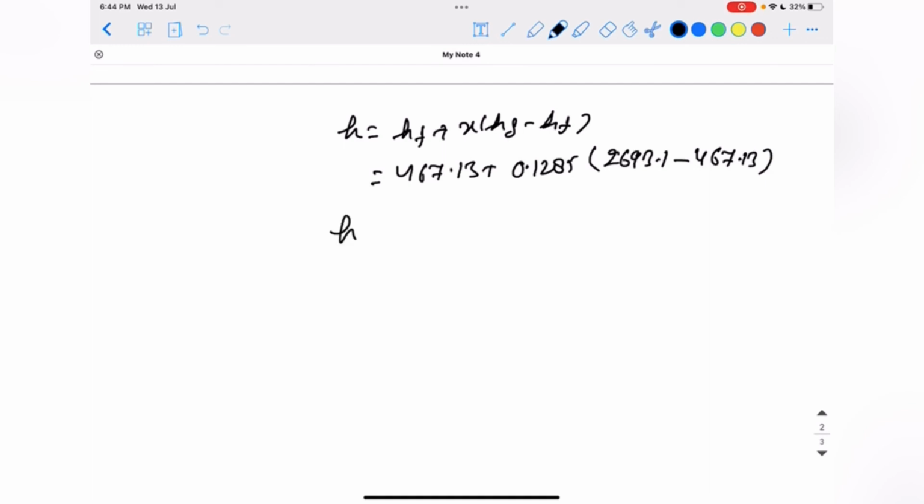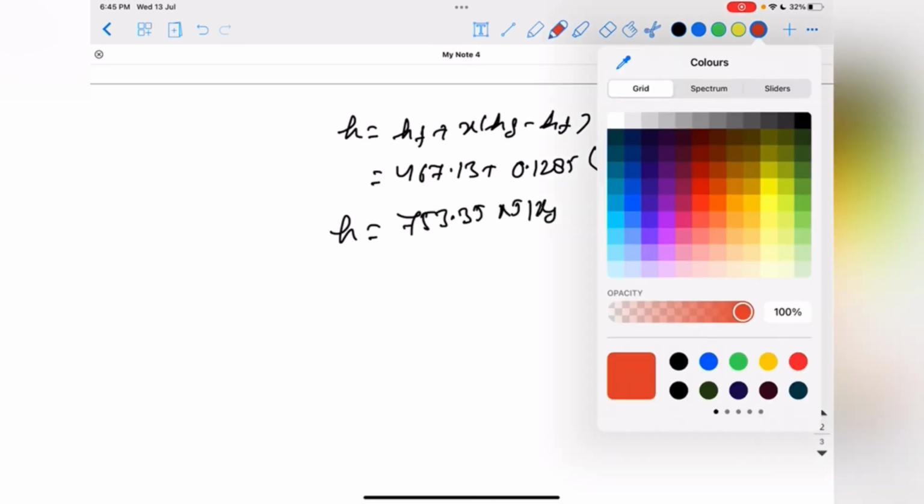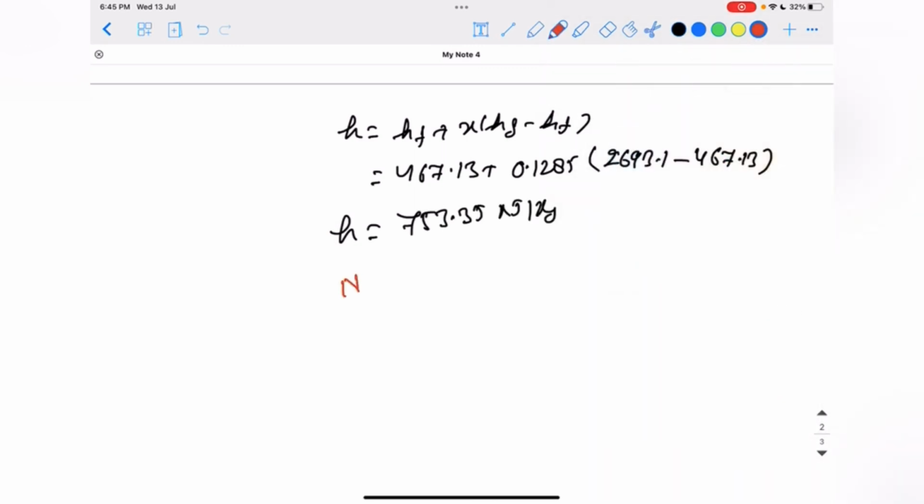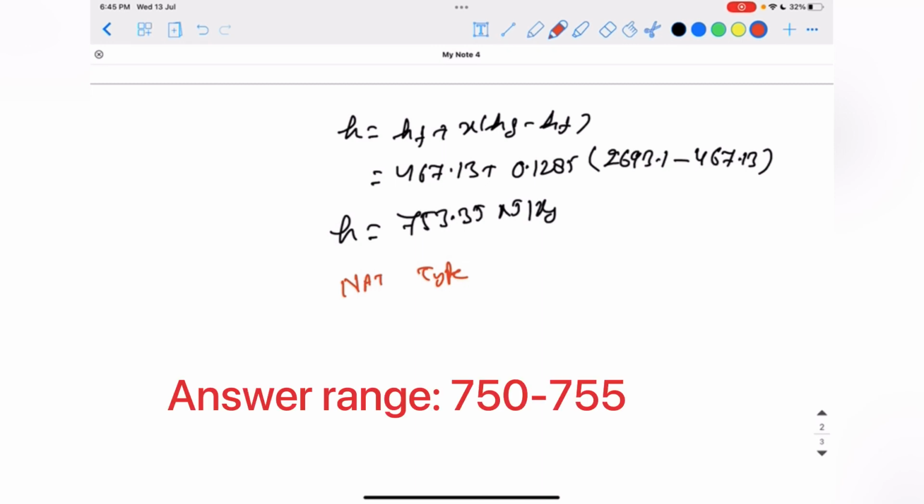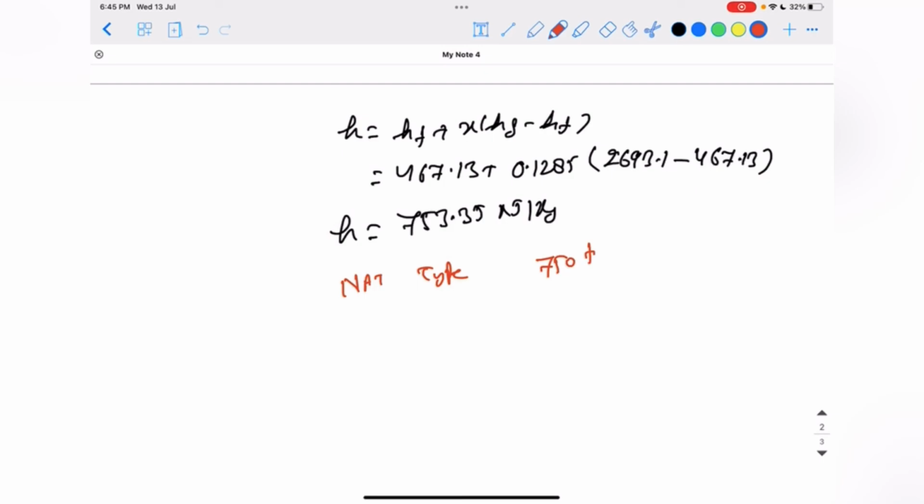So I get the value of H as 753.35 kilojoule per kg. So this is a NAT type question and you have to type the answer, and there is no negative marking for this question if you type a wrong answer. The answer in the GATE is given in the range which is 750 to 755.